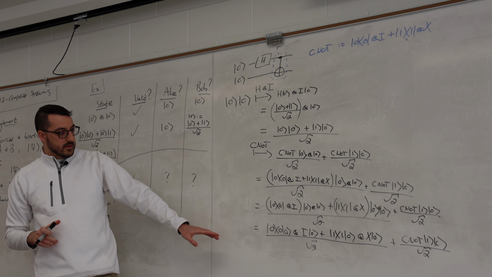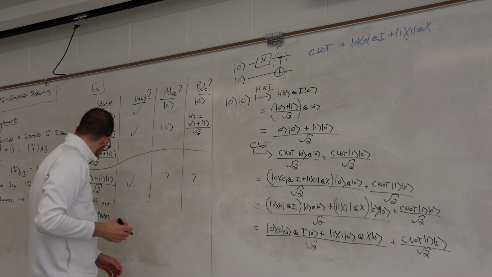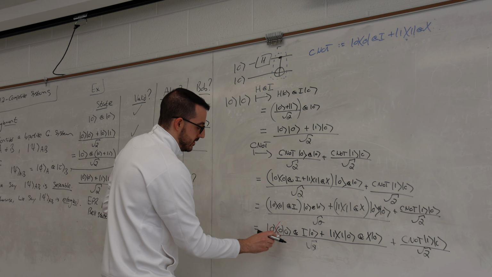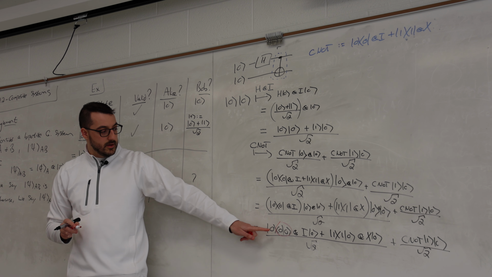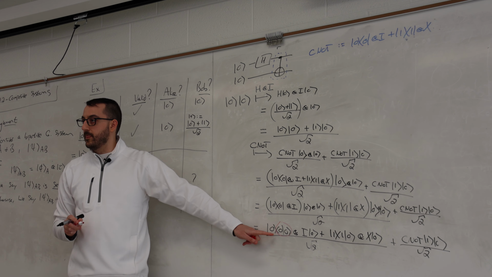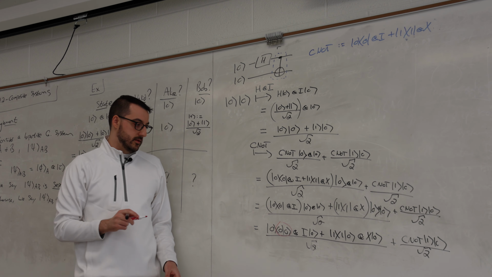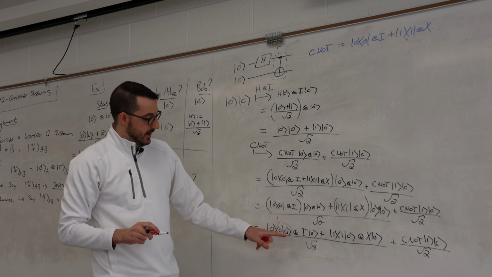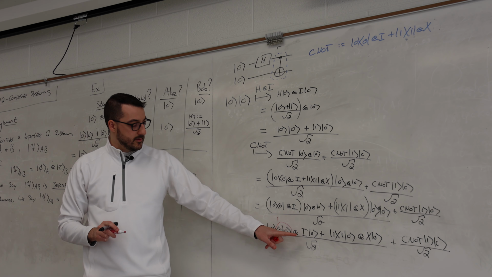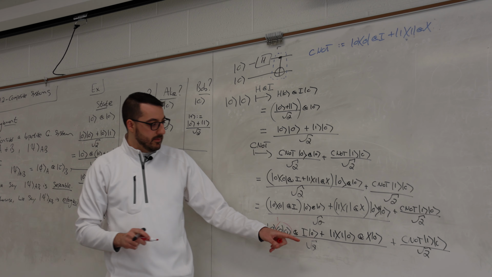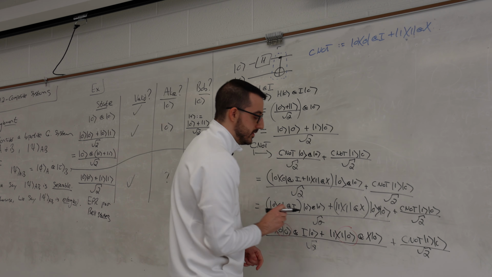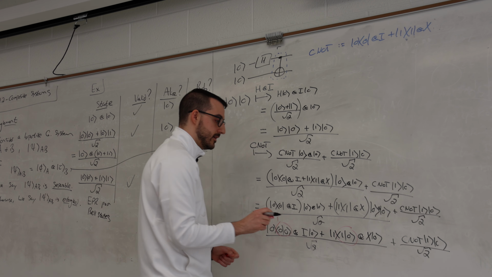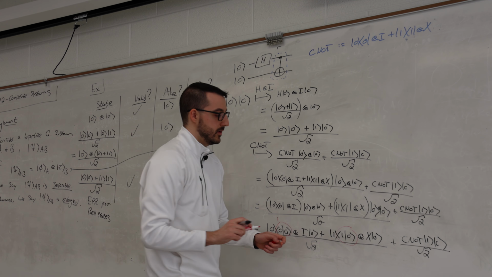So looking at this, the only thing to evaluate really is this inner product. Who could tell me what 0 inner product 0 is? Just 1. So this is going to be 1, and we're just going to have the state ket 0 here. And then identity acting on ket 0, I won't ask you. That's just going to be ket 0. How about the inner product of 1 with 0? 0, these are orthogonal.